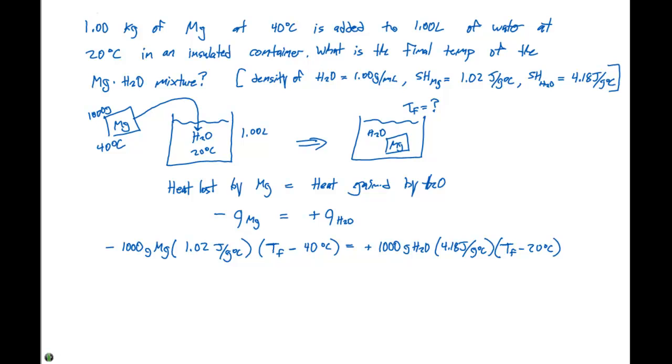So we can now go through and solve for our final temperature. And we're going to need to use a little bit of algebra to do so. 1,000 times 1.02 is 1020 joules per degree Celsius, because our grams are going to cancel out, times TF minus 40 degrees C. That's going to equal 1,000 times 4.18, or 4,180 joules per degree Celsius.